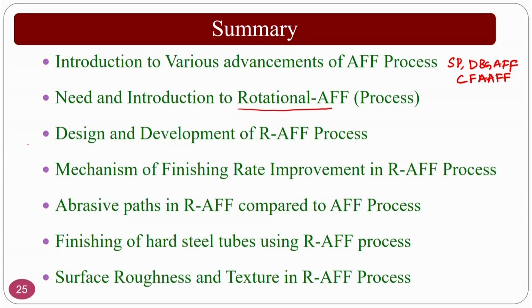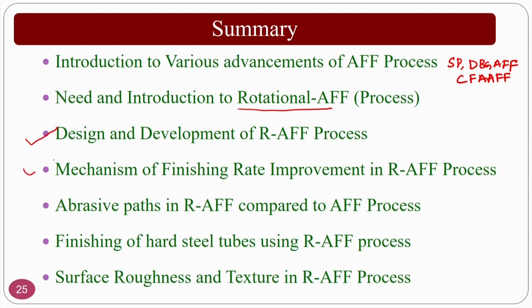That is why we try to rotate the workpiece by having a leak proof system, and then we have designed two designs, and one design has some problem of the gears. So, we moved on to the gear reduction system, and we can do the design and development of rotational abrasive flow finishing process.